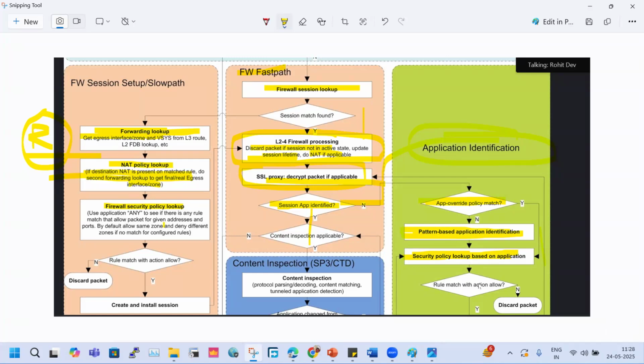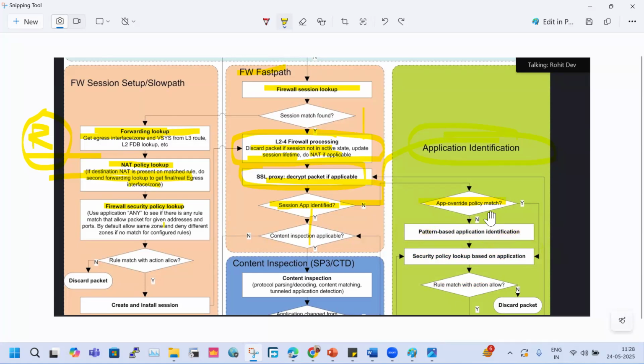Sir, if override, where will the traffic go? Security policy lookup based on application, right? If the override policy is matched, then it will not go to this stage of pattern-based application identification.